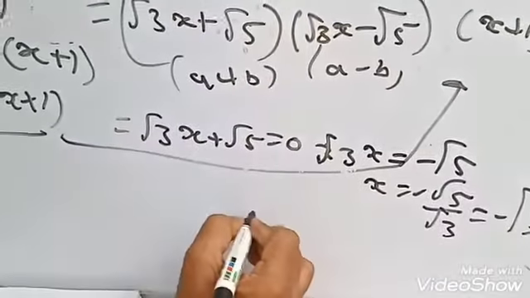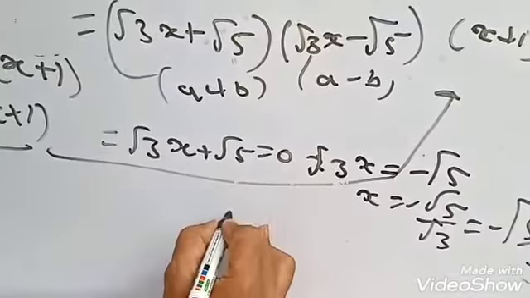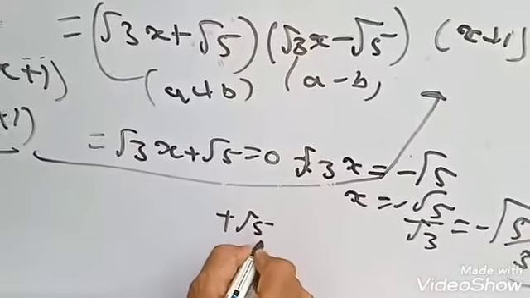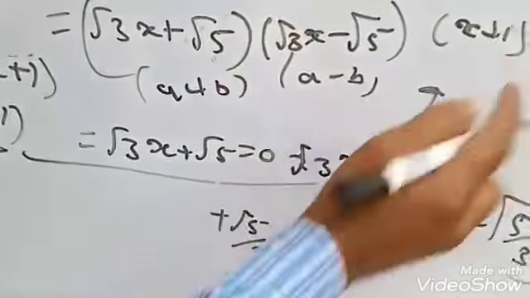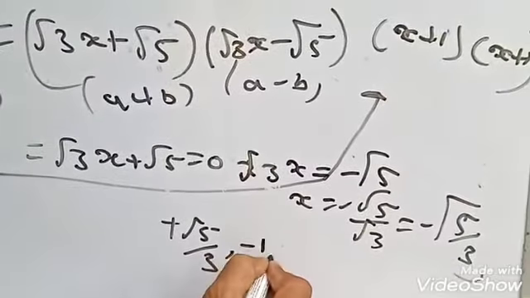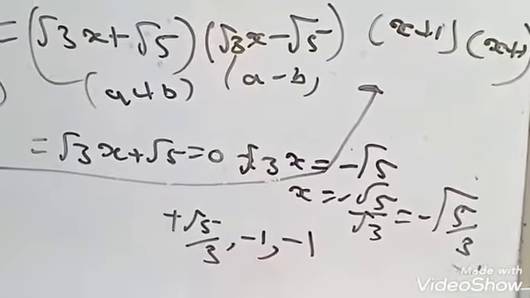Similarly, plus root 5 by 3, and from here minus 1 and minus 1.